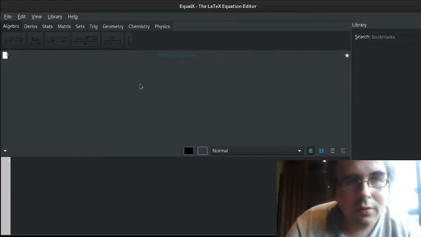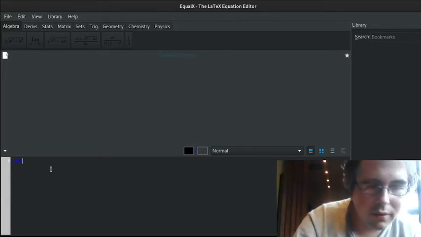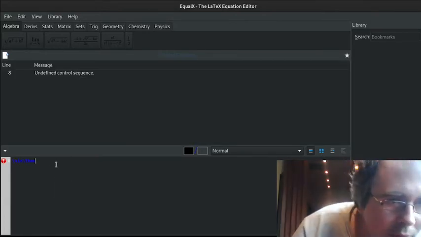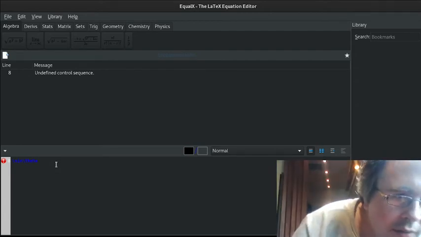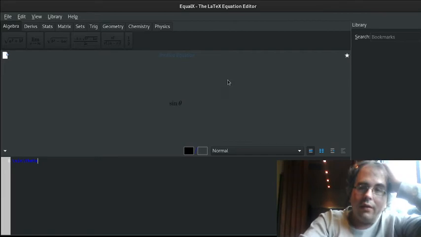The only thing it's doing is, whenever I type something in there, like sine theta, it's quietly running the compiler in the background anyway and just spitting the result back to me. That's all it does. So, yeah, fun stuff.